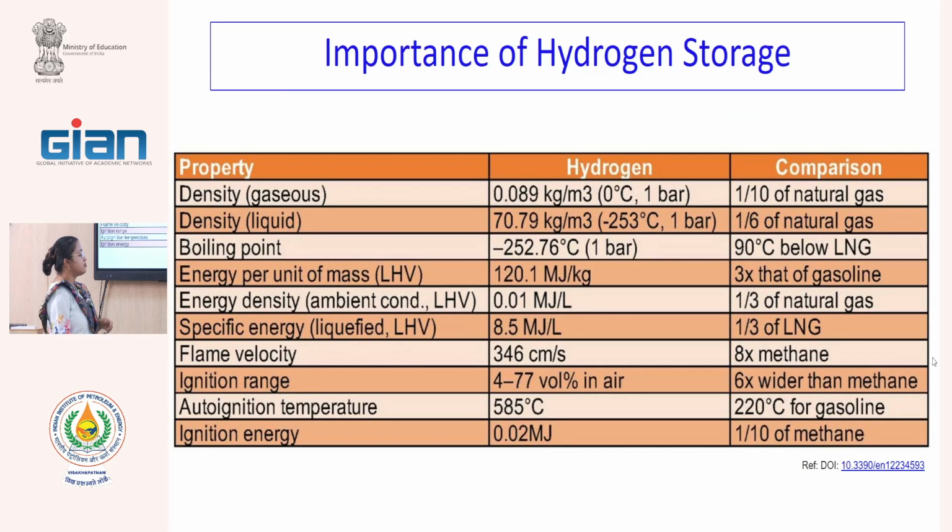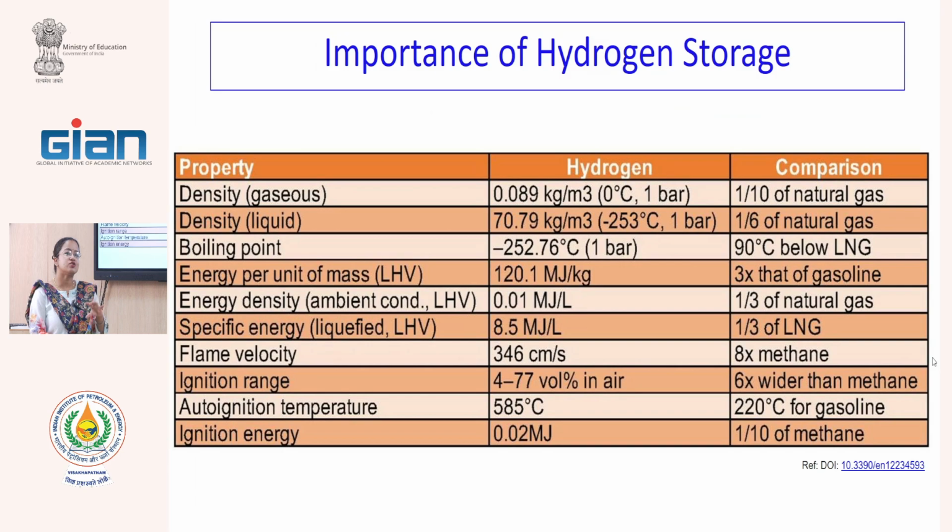But along with the low density, the advantage of hydrogen is that we can have a much larger amount of energy per unit mass, that is 120 megajoule per kg for hydrogen, which is 3 times that of gasoline.